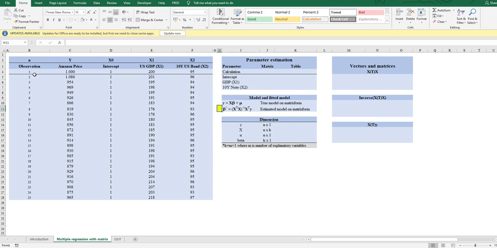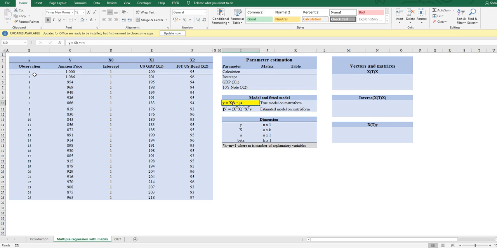The general model, not only for a case like this with two explanatory variables, also with one explanatory variable, that is the simple linear regression, and many more variables, is like this.